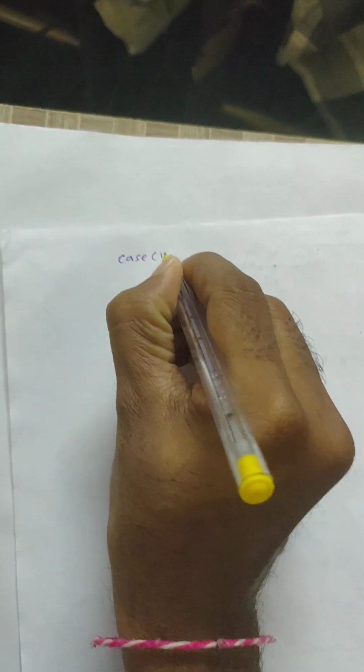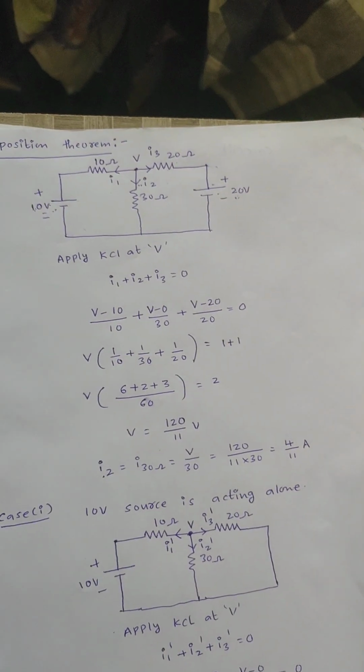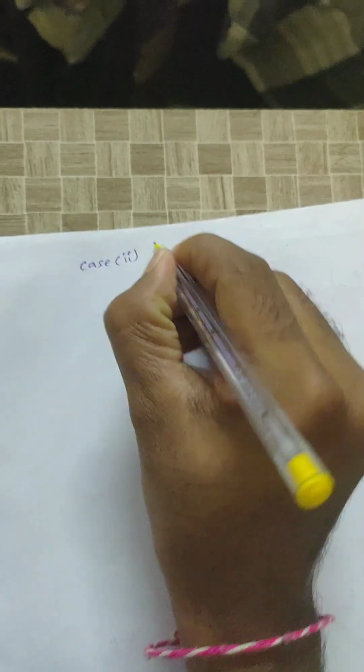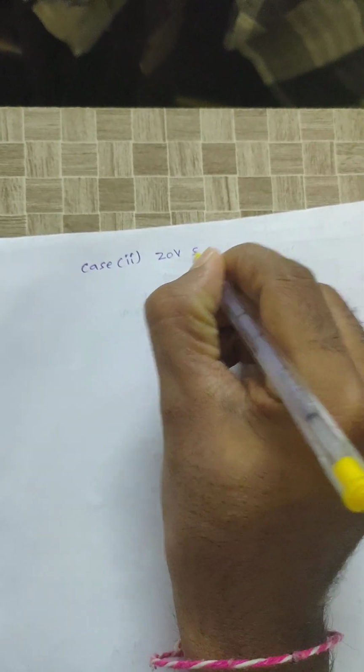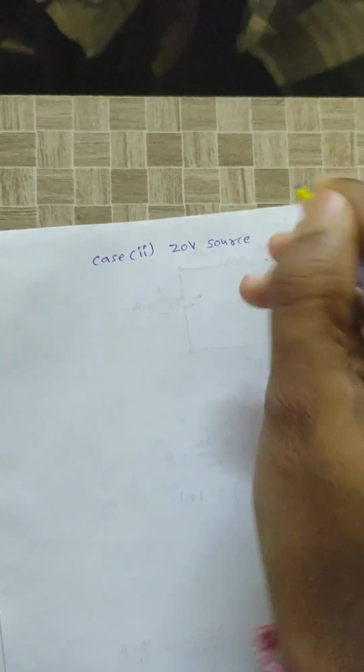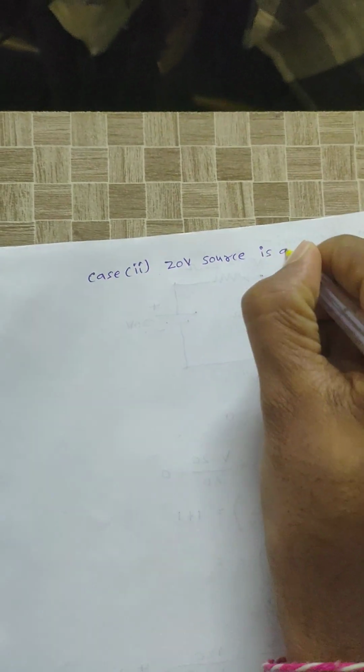Next, case 2. What is the case 2? 20 volt source is acting alone.